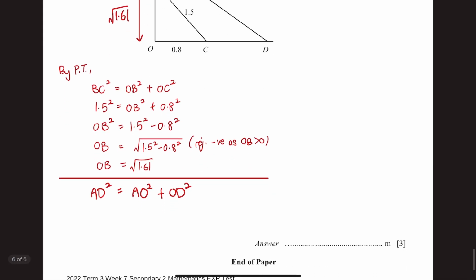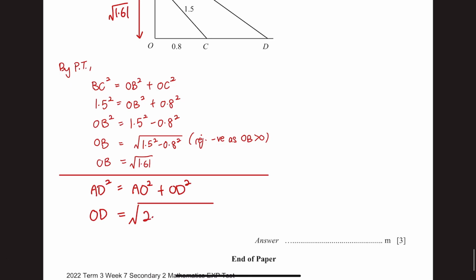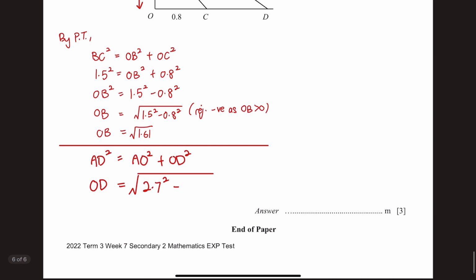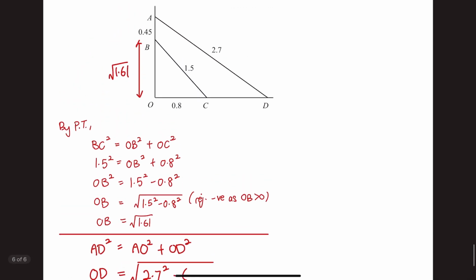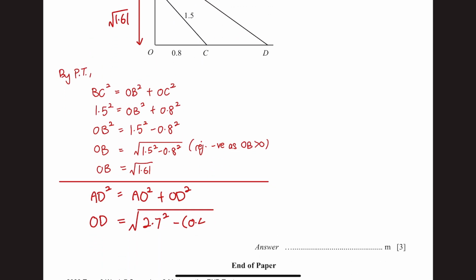So OD is simply equal to the square root of the hypotenuse square, which is 2.7 square, minus away the square of the other side. The length of the other side is 0.45 plus square root of 1.61, the whole thing square. This is the length of OD, which is equal to 2.08219 if you press on the calculator.